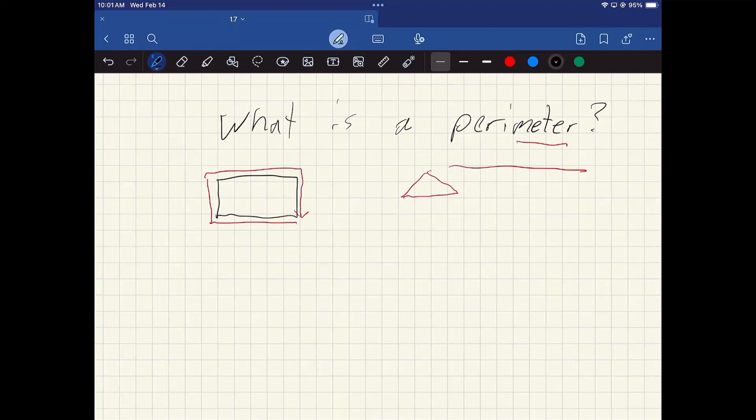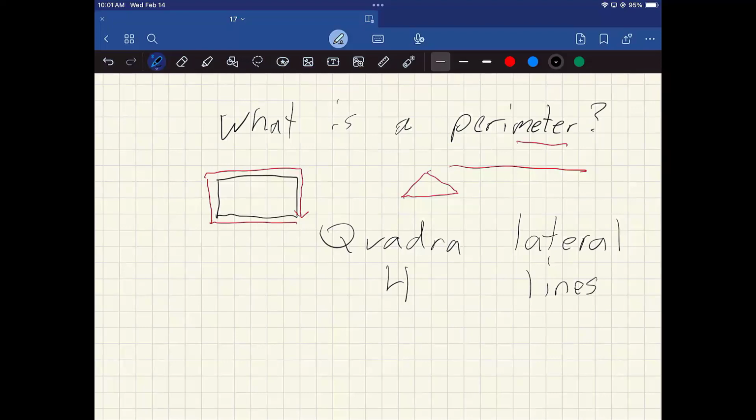The perimeter of a quadrilateral, which means quadra being 4, lateral being lines. So if I have 4 lines, the perimeter of a quadrilateral will just be 2L plus 2W.